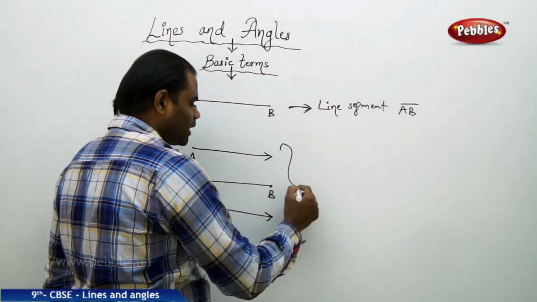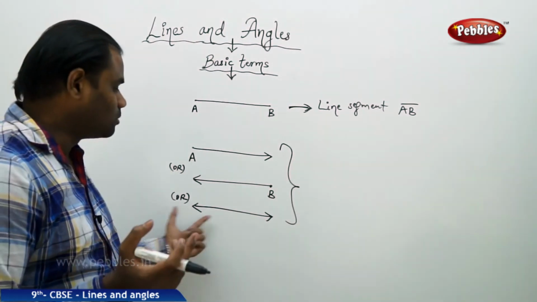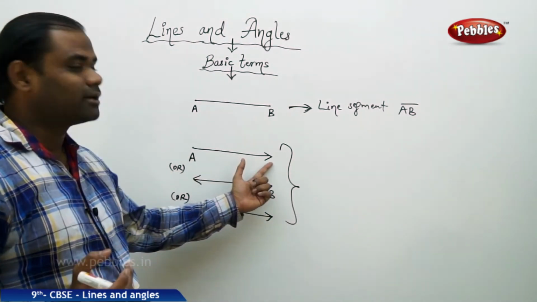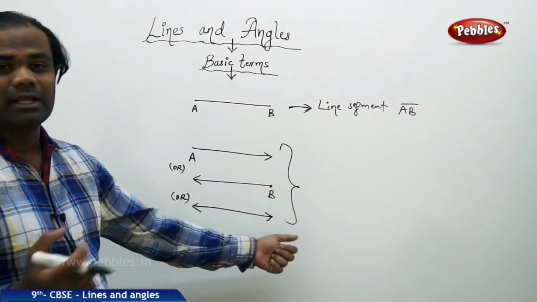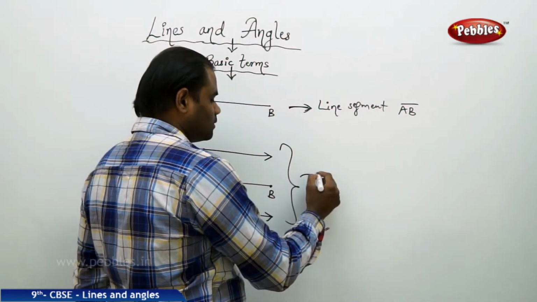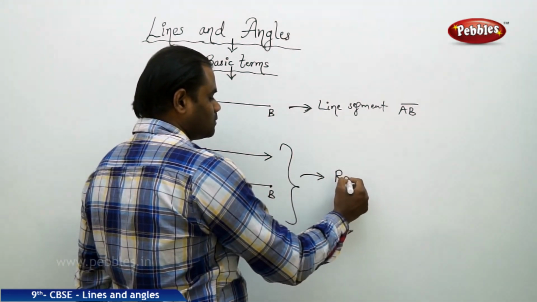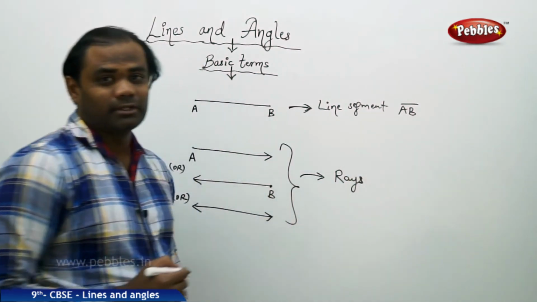These kind of lines which do not end on either side or on both sides. Here it doesn't end on the right, here it doesn't end on the left, and here the line doesn't end on either side. Such lines are called rays. I call them rays.